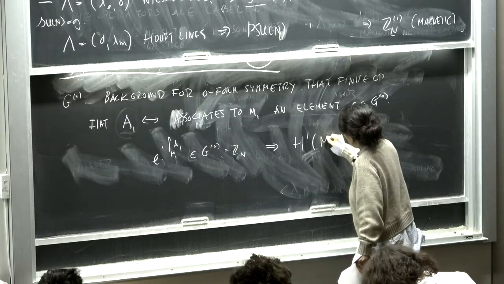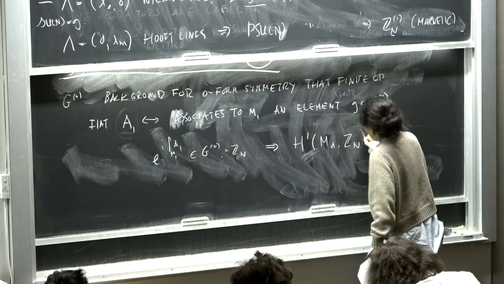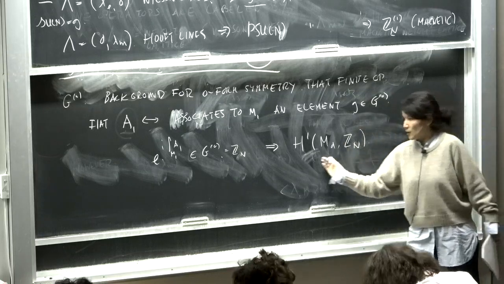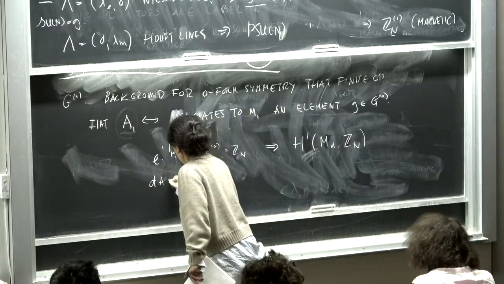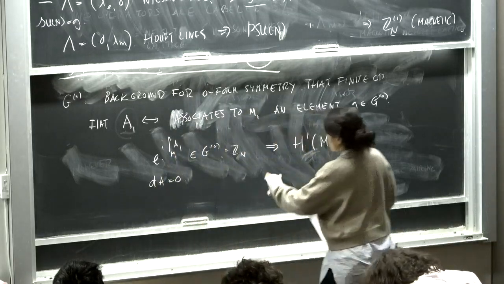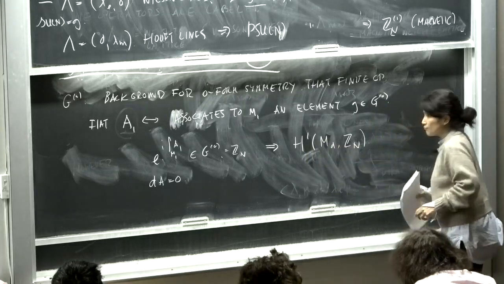We have our spacetime MD, and this is the meaning of this cohomology group. In fact, dA is 0, and we associate to one-cycles some holonomy in Zn.